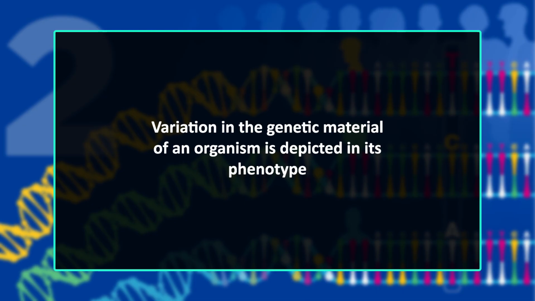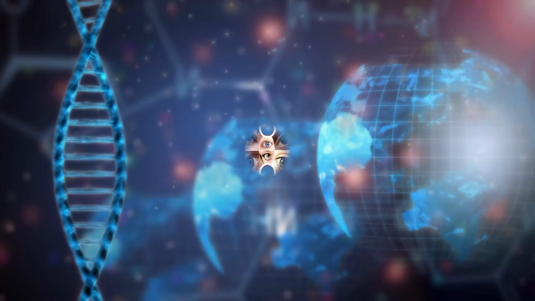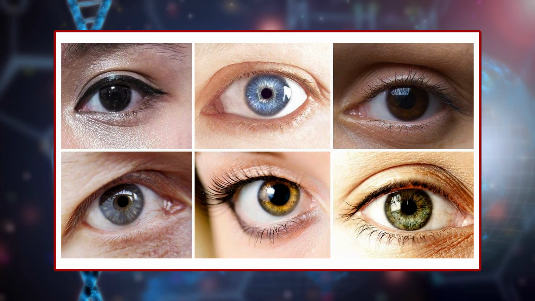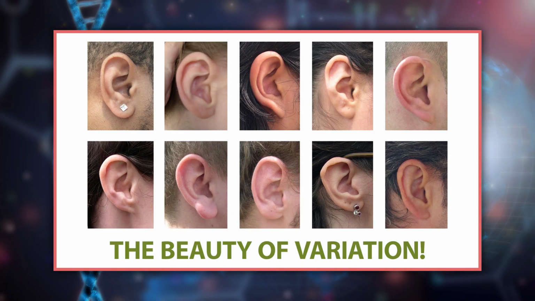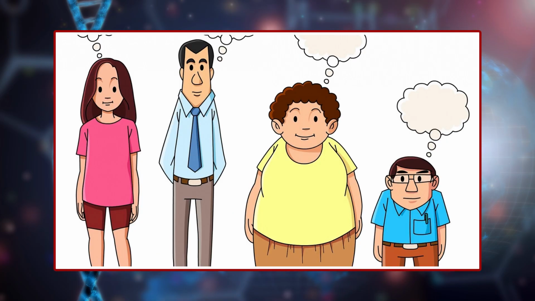Variation in the genetic material of an organism is depicted in its phenotype. Almost every trait of an individual is affected by genetic variation. So variations in the eye color and hair color, ear lobes, height, etc. are due to the genetic differences between individuals.